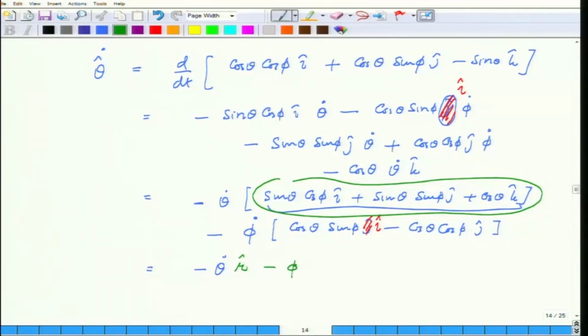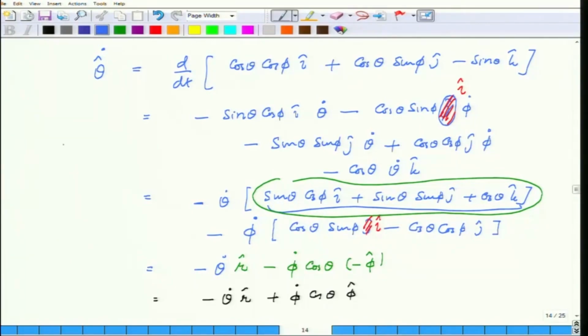Minus phi dot cosine theta comes out, and sine phi i minus cosine phi j is nothing but minus phi unit vector. So I can write this whole expression as minus theta dot r unit vector plus phi dot cosine theta in the phi direction.